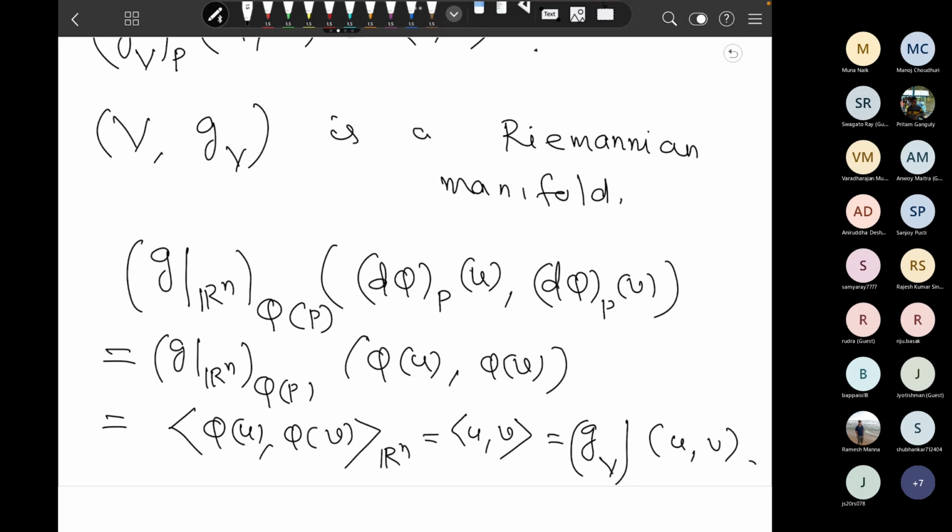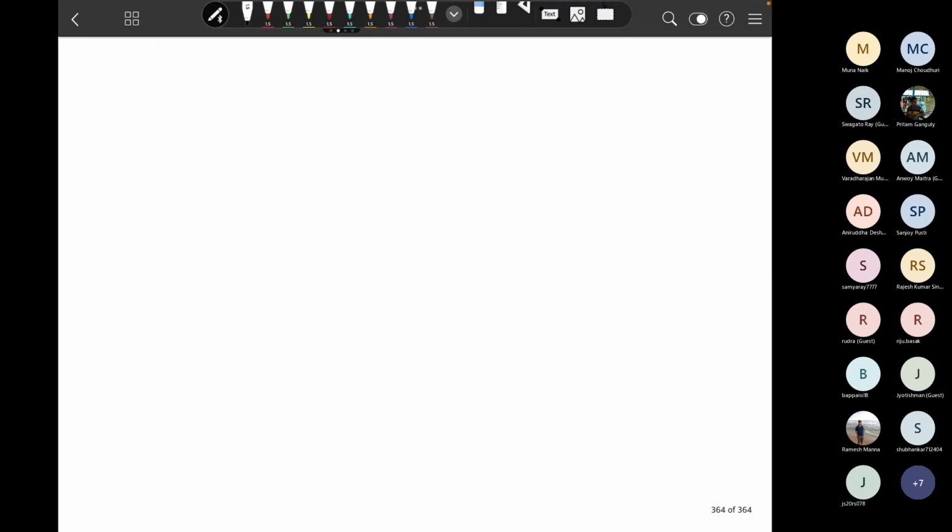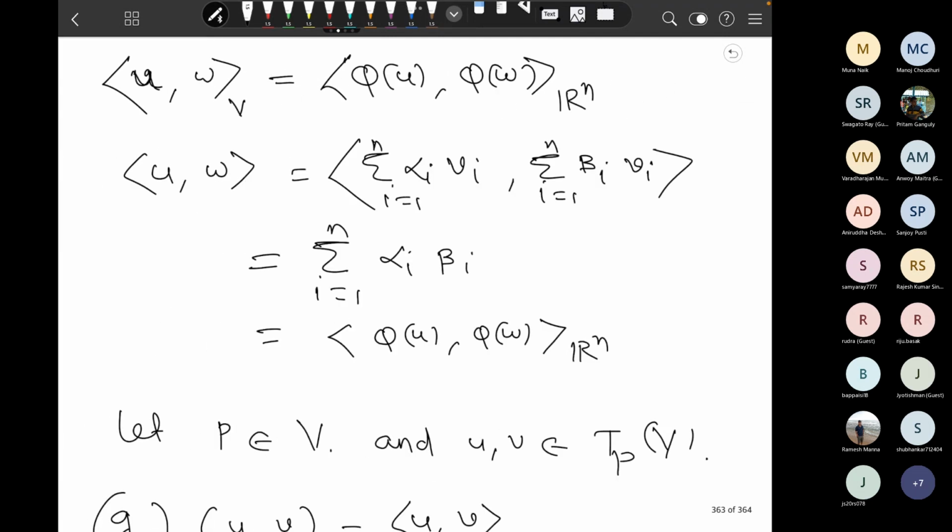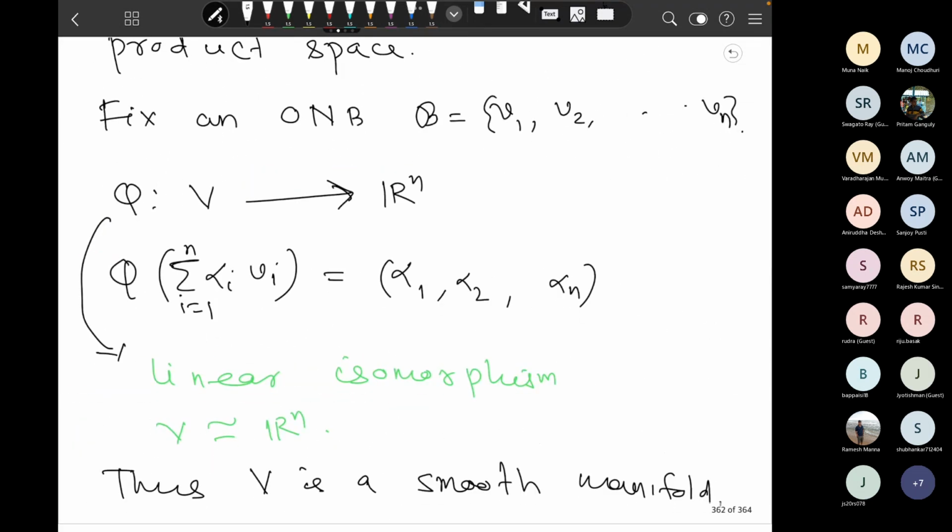So this will imply that phi star G of Rn is equal to GV. By definition, this phi is a linear isomorphism, and we are borrowing the differential structure of Rn to V by phi.